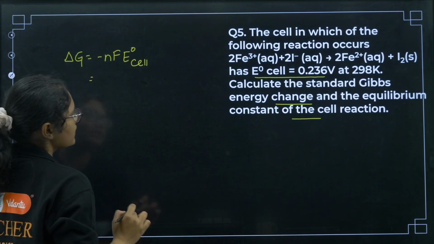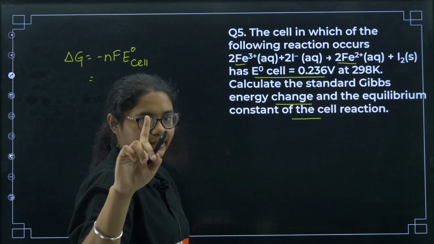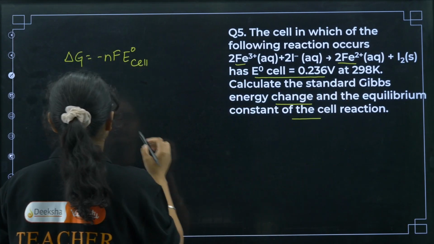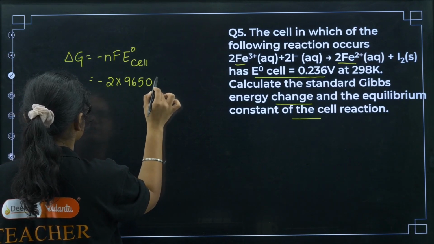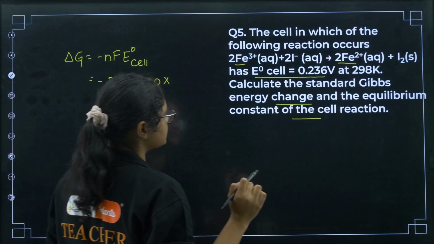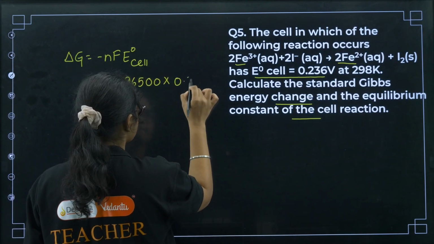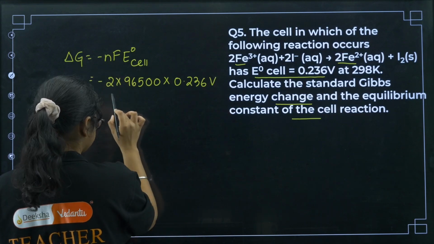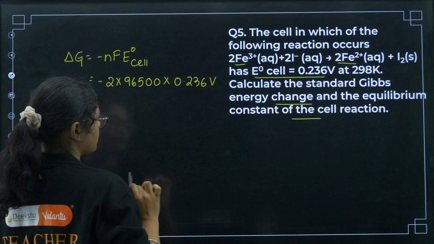In this reaction you can see Fe3+ to Fe2+, 1 electron, but there are 2 Fe, so 2 electrons, right? So n value is 2, Faraday is 96500, E naught of the cell is 0.236 volt. If I solve this, you will get the value of delta G.